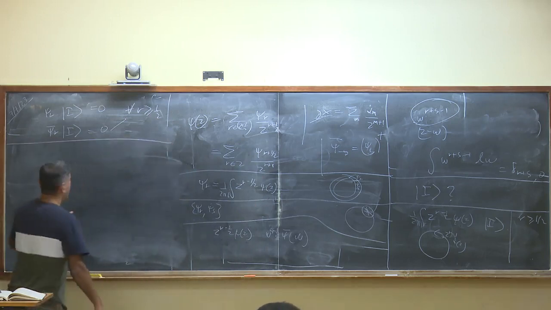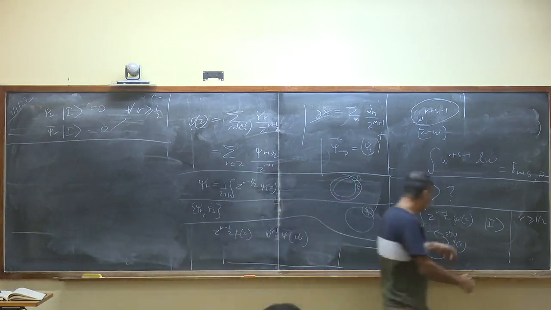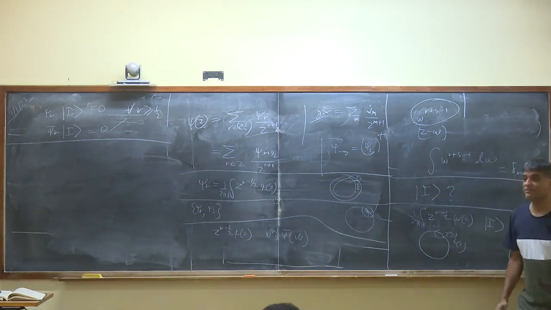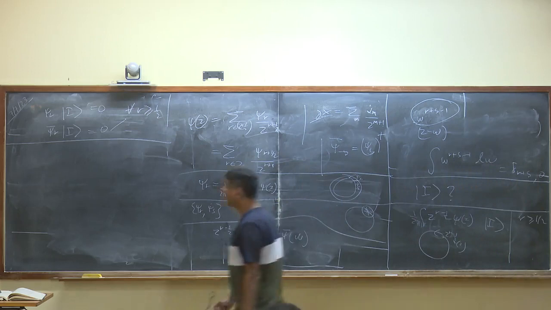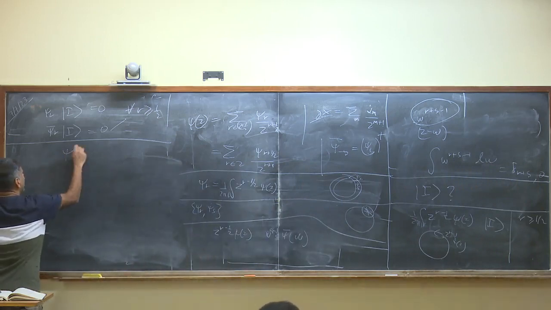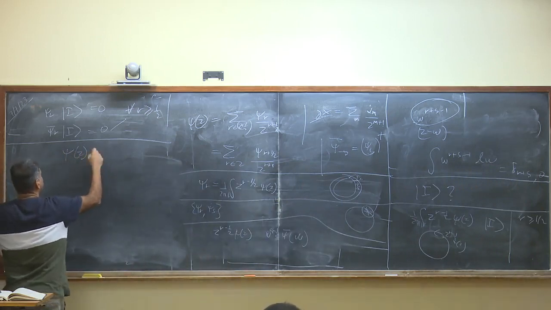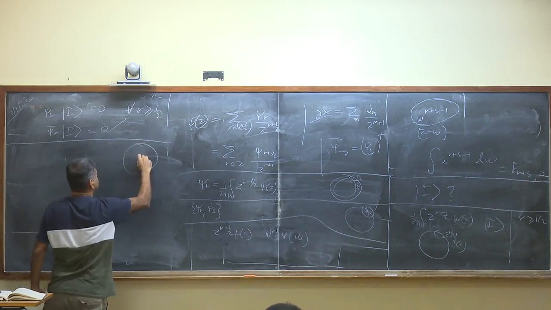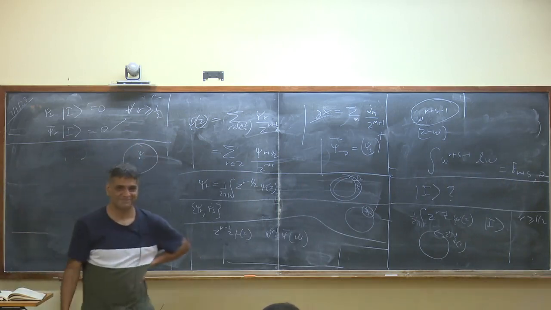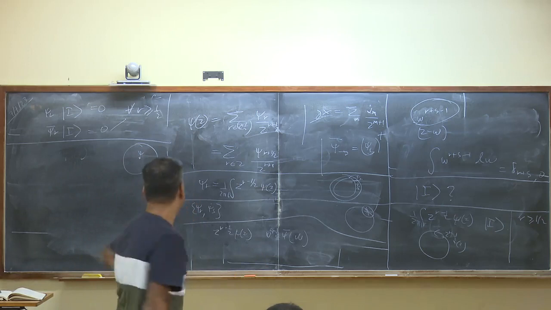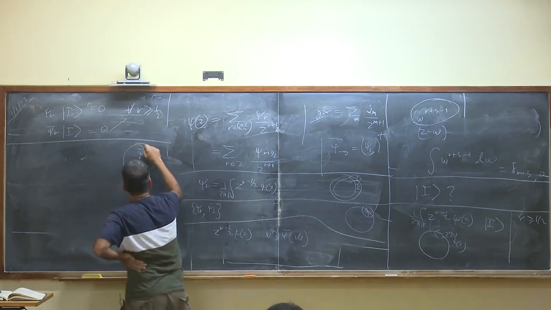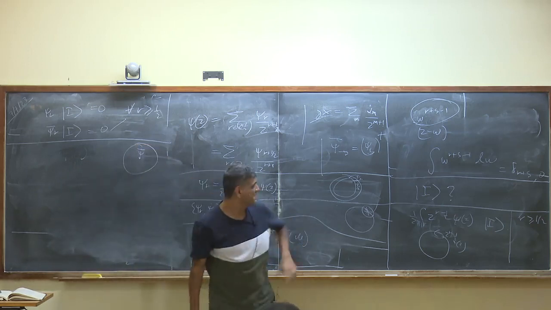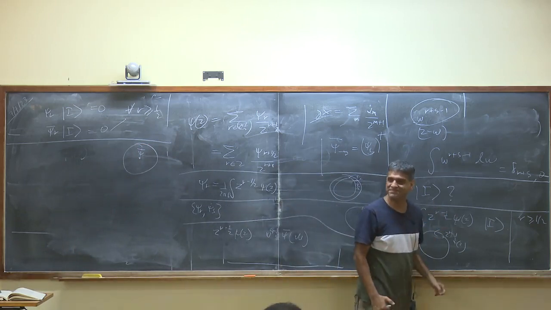Excellent. Now let's try to further understand what we can from the state-operator map. Let us look at the state psi of z inserted at the origin. Let's redo this calculation.